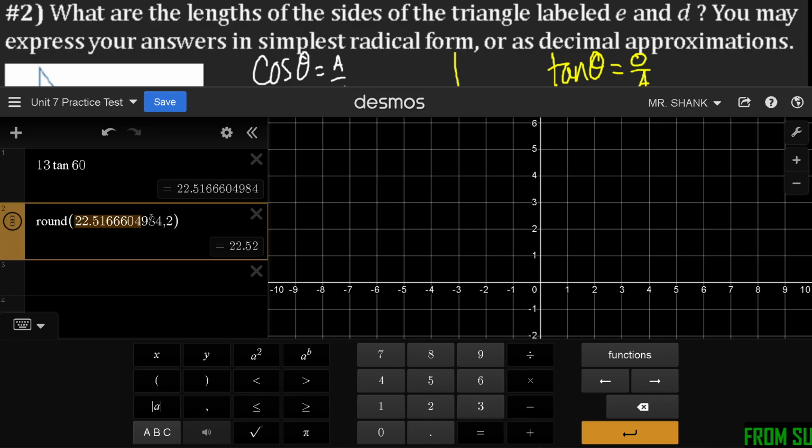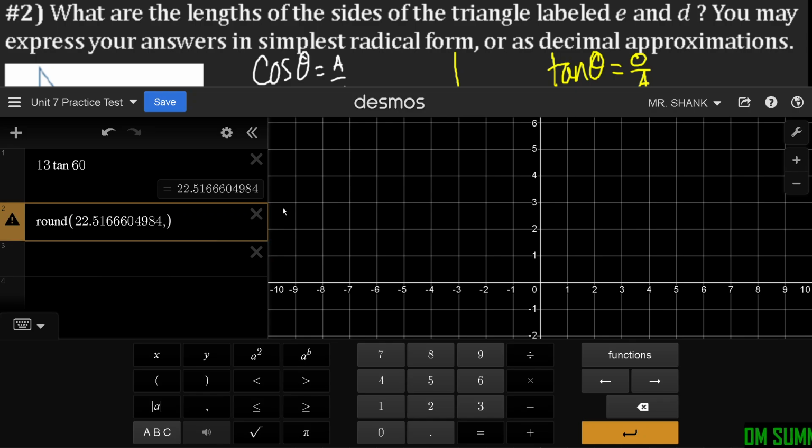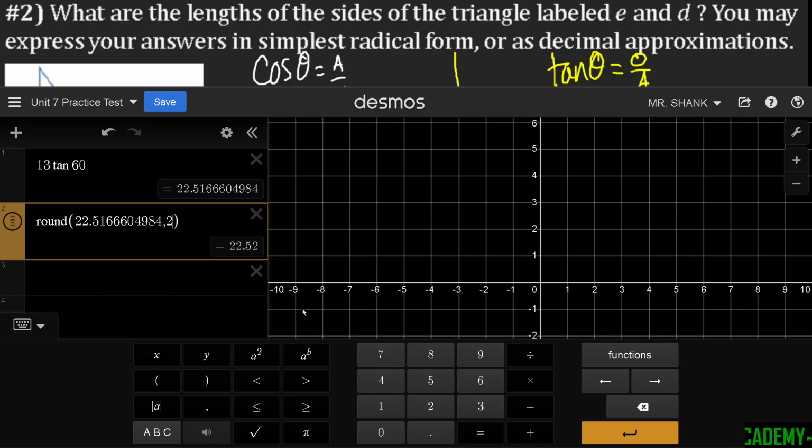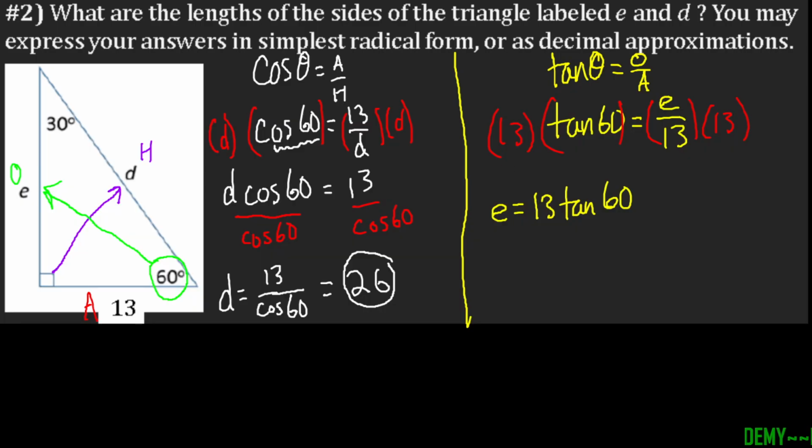Your answer is pasted in here, but inside the parentheses, the key part is comma 2, because notice how it gives me 2 decimal places. If I wanted 1 decimal place, I would say comma 1. If I wanted 3 decimal places, I would say comma 3, and so on. But for us, we just need 2. So my answer for E is going to be 22.52. Let me write that down.